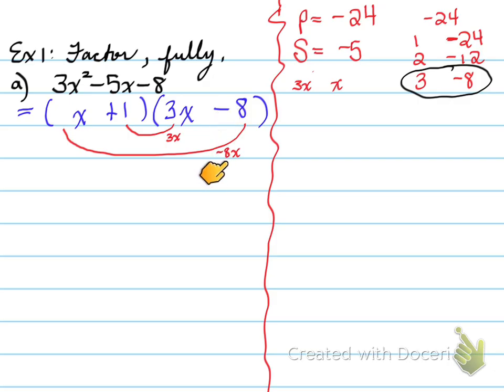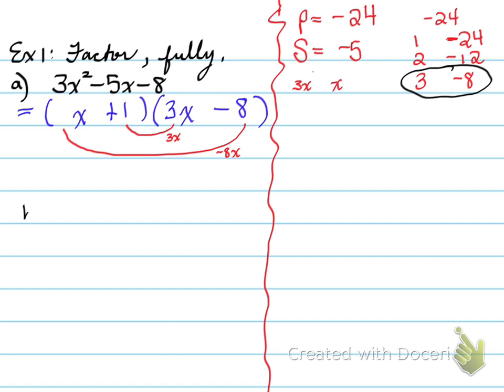Outer is negative 8x. Inner is 3x. And last is negative 8. And the outer and inner add up to give you negative 5x. So you can always FOIL this answer, that is expand it, to check your answer. But that's literally how to factor.